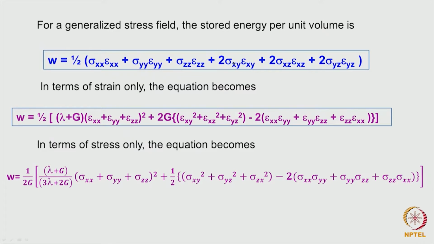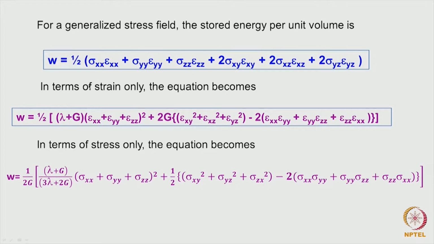Here the twice has been taken because we know that the stress and strain 9 components are going to be there, so these components get repeated, that is why twice it comes. So now if you look at it, total 9 will be there.